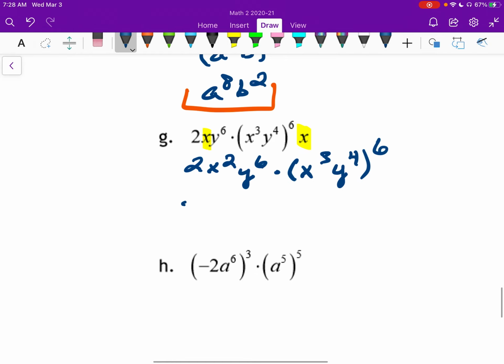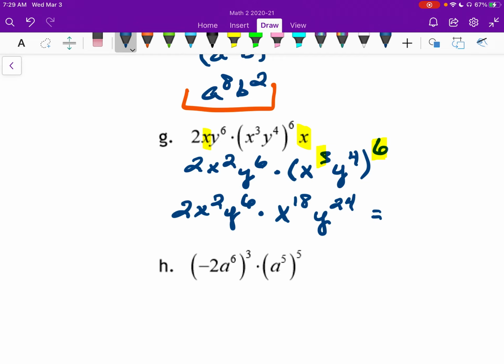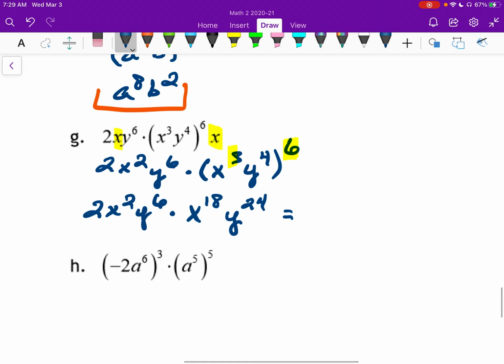So this will be 2x squared y to the 6th times x to the 3 times 6, which is 18, and then y to the 4 times 6, which will be 24. Now I just add my exponents, so I have a constant 2 out front, and then x to the 2 and 18 give me 20, y to the 6 and 24 give me 30.